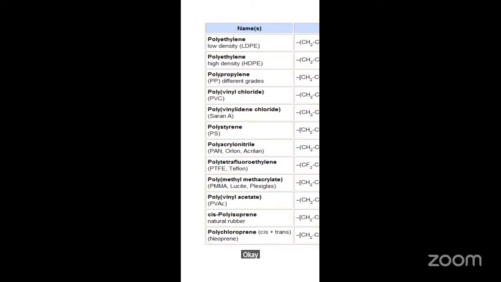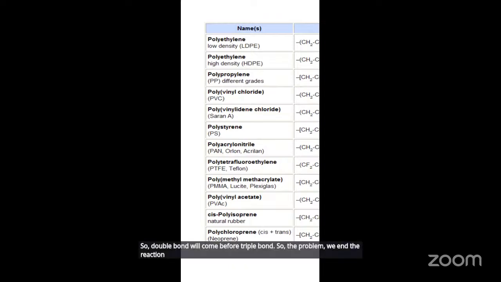Let's say we have pent-2-en-3-yne. My 2 is the double bond, my 3 is the triple bond. So the double bond will come before the triple bond, and the triple bond will end the naming. Just like saying David Mark.